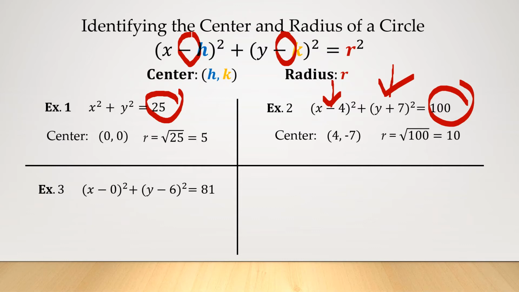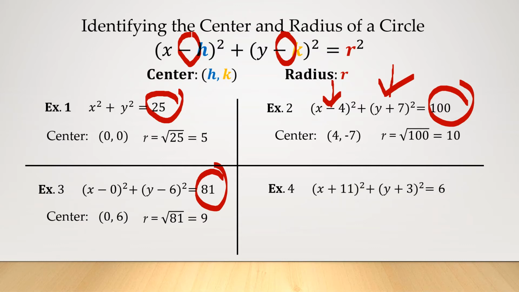So our k is going to be positive 6. So the center of this circle is 0, 6. Now we want to find the radius. So in order to do that, you take 81, take the square root of it, and you end up with 9. So the radius of this circle is 9.